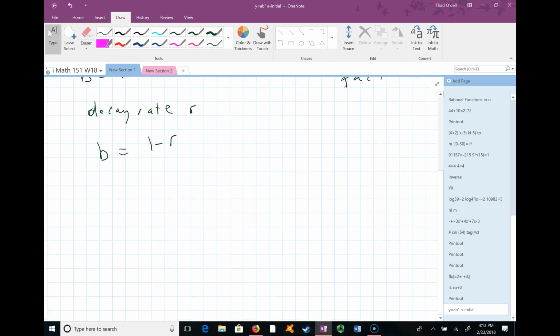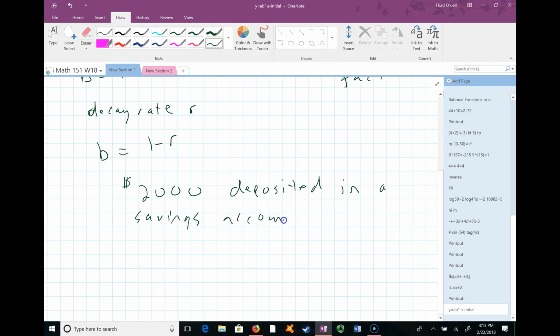So, for example, if I say that I have $2,000 deposited in a savings account that pays 3% a year.